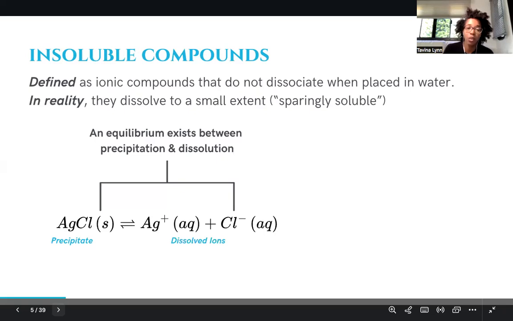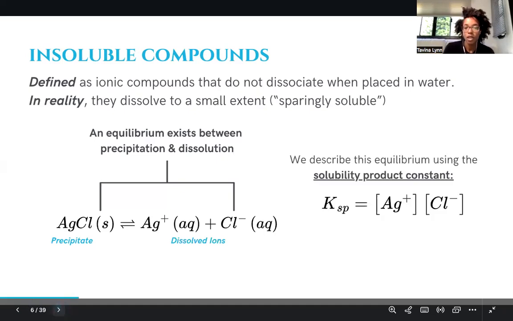So we have this equilibrium that exists between precipitation when the equilibrium shifts to the left and dissolution when the equilibrium shifts to the right. So we describe this equilibrium using equilibrium constant K. In this case, it's called a solubility product constant, right?